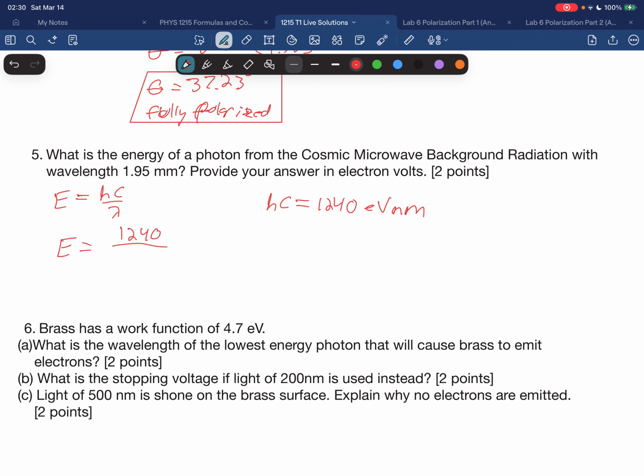Now what this does mean is I cannot just use 1.95 millimeters. I need to convert this to nanometers. So now both of my nanometers cancel out. I'm left with just electron volts, and I'm left with some small decimal.